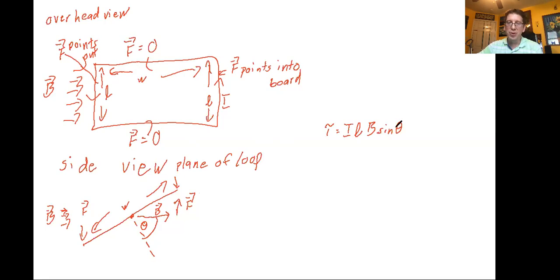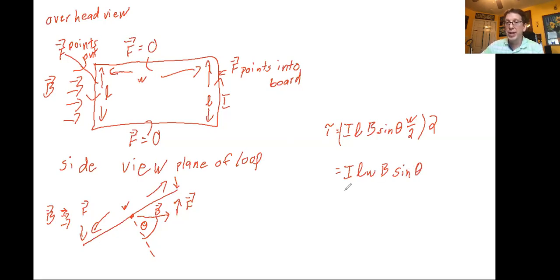And then the moment arm, or the distance from the axis of rotation to the point where the force is acting, is W over 2. But you're multiplying that by 2 because you have the same force acting in 2 different places. So you're doubling the force, and so you get I times L times W times B times the sine of theta.